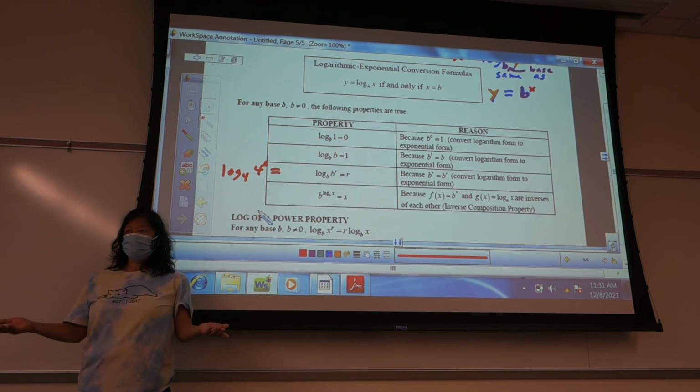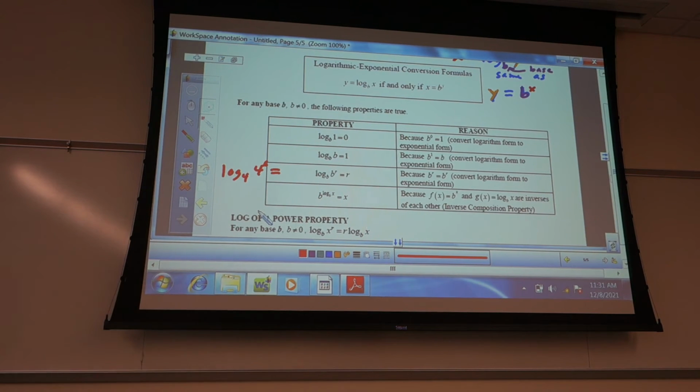What this is saying is 4 to the what power, what goes there, gives me 4 to the 6th. Well, obviously that's going to be 6, so this is 6. It's right. It's not foolish. We're not trying to trick you or anything. It's pretty straightforward.